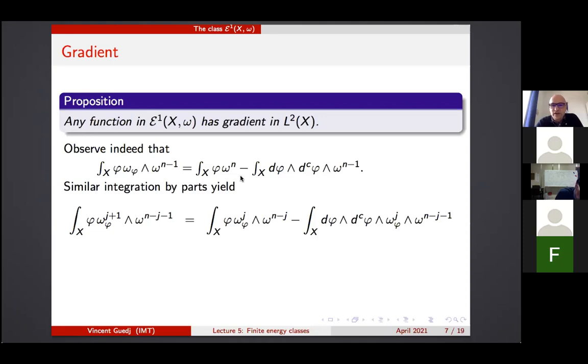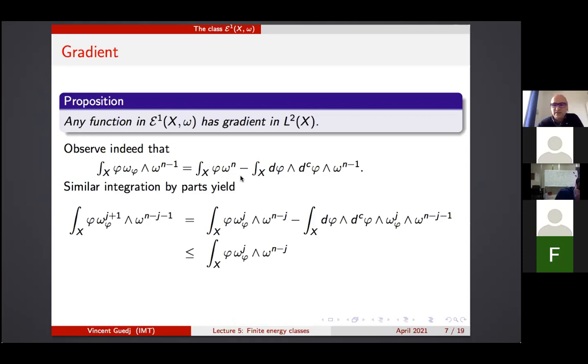And you see that the j plus 1 term is equal to the j term minus a positive quantity, which looks like the square of the gradient of phi with respect to the mixed measure. And in particular, the j plus 1 term is bounded from above by the j term.